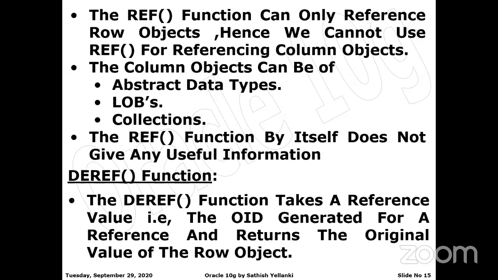If you take that object ID and give it as an argument to the deref function, this function returns the original data existing behind that object ID in an object form. I'm stressing the point: it returns the data in the object form through a constructor. Am I clear with you?